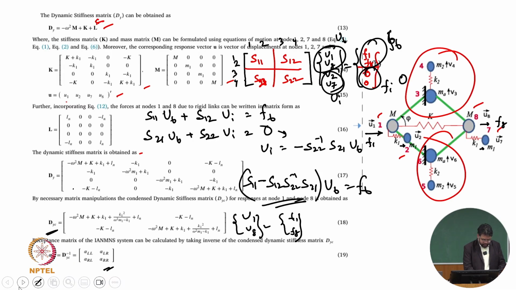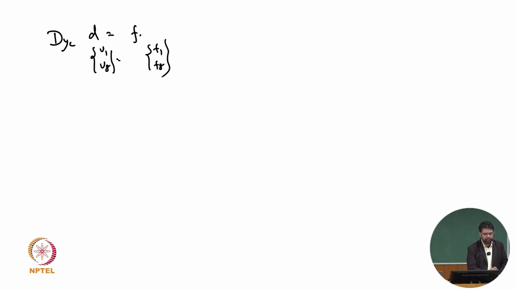So now I have DYC into my D matrix equal to my force. What is DYC? DYC is my dynamic condensed stiffness matrix. What is D? D is nothing but U1, U8. What is F? F1, F8. All of you agree? Now what do we do?